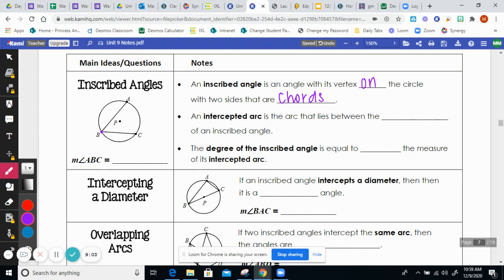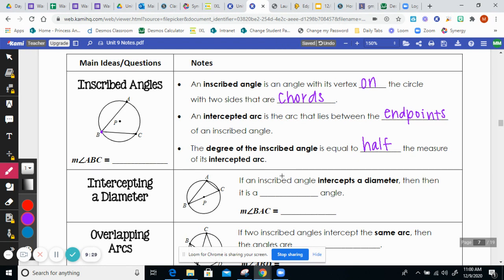An intercepted arc is the arc that lies between the endpoints of an inscribed angle. And the degree of the inscribed angle is going to be equal to half of the measure of its intercepted arc.